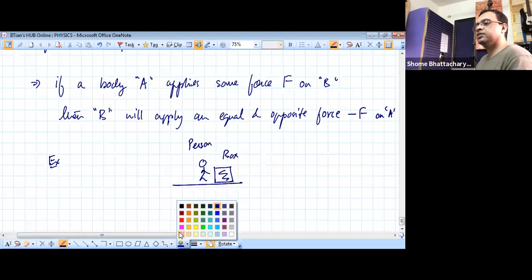Now suppose the person pushes the box with a force F. Then the box will push the person back with an equal and opposite force, minus F. That is the principle.